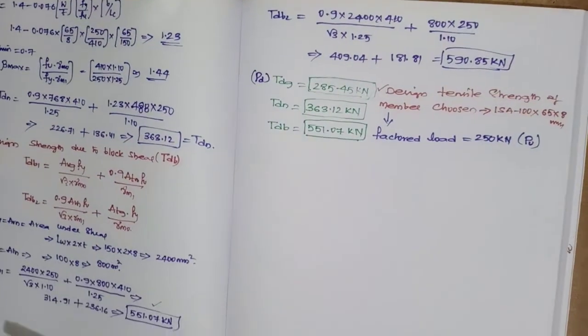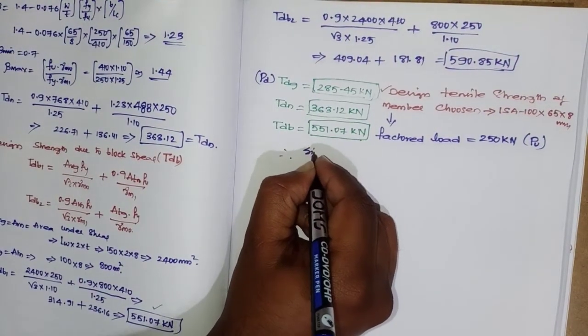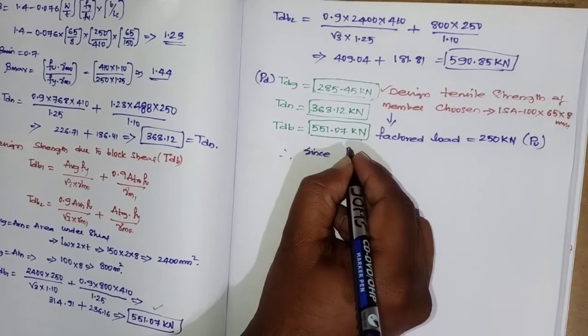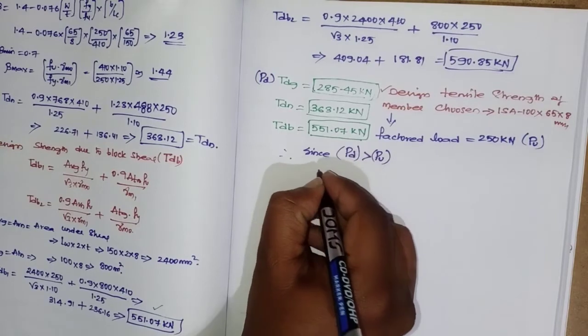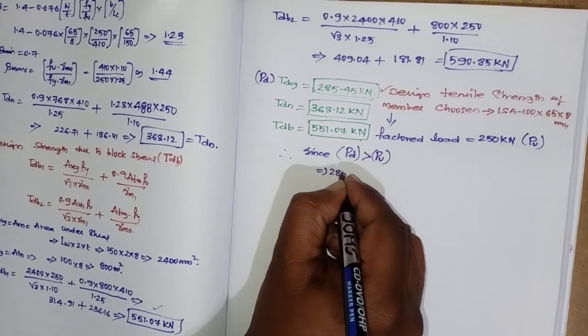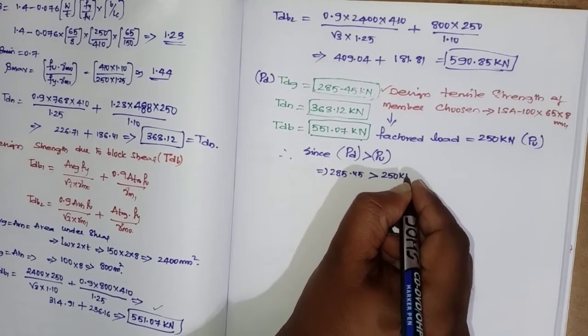Okay, now since the design strength is greater than the factored load, how am I saying? This is 285.45 kilonewtons, which is greater than 250 kilonewtons.